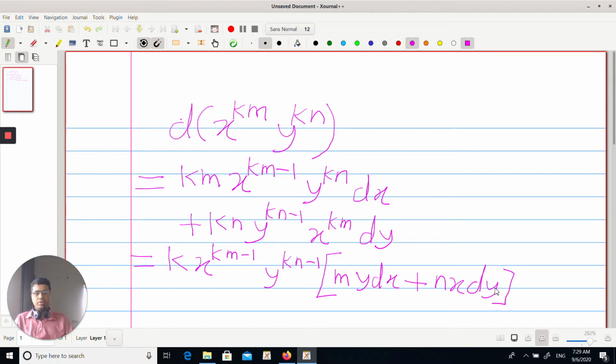Now we know that the term m into y dx plus n into x dy is not exact. If we have simply y dx plus x dy, then we know that it is d of x into y.